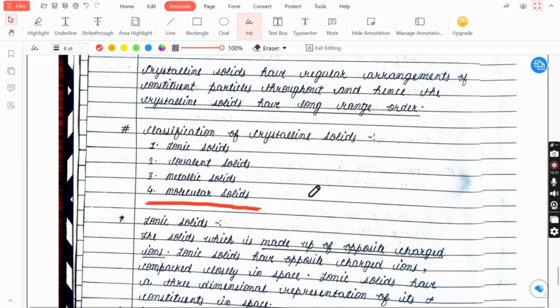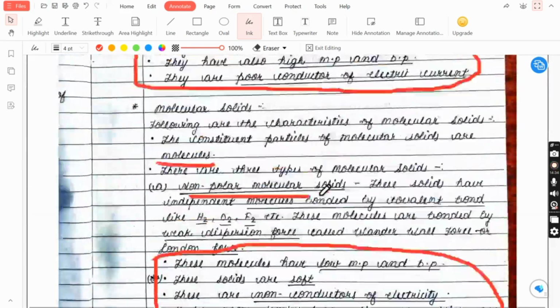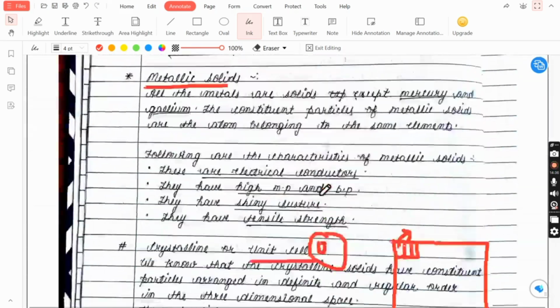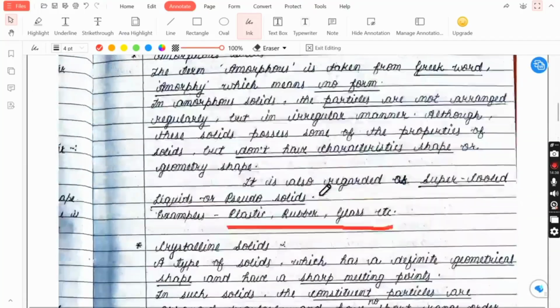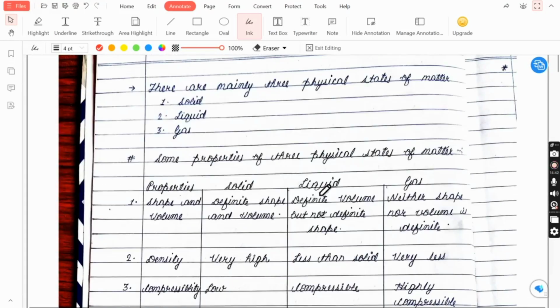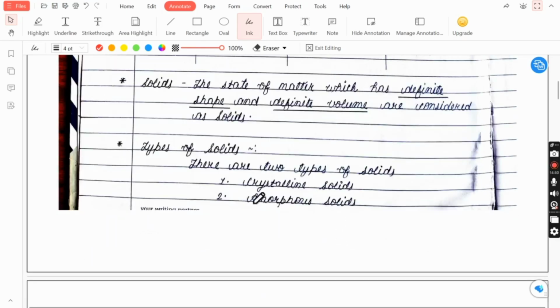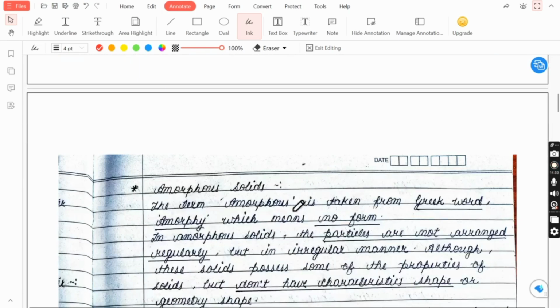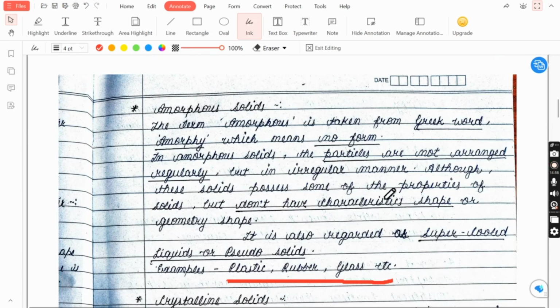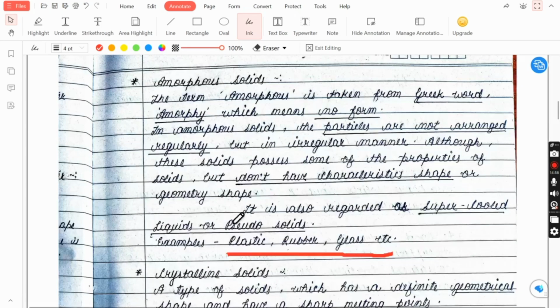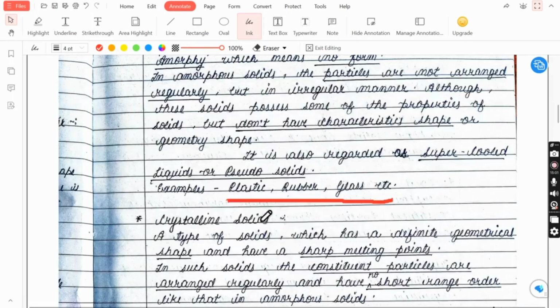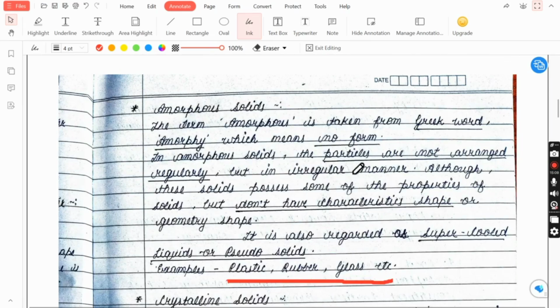To sum up this lecture, what we did: we started with the three different states of matter, which are solid, liquid, and gas. We differentiated them on the basis of properties. Then in solids we came up with two different types: crystalline and amorphous. We gave the basic definitions: crystalline has very arranged constituent particles inside, while amorphous doesn't have any arrangement of the constituent particles.